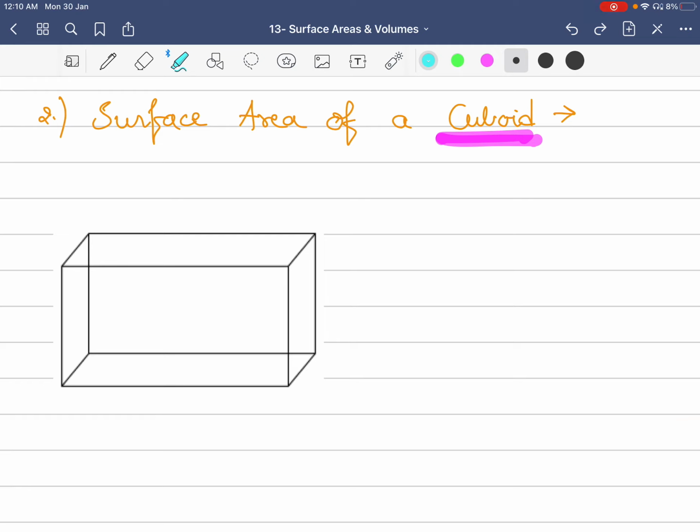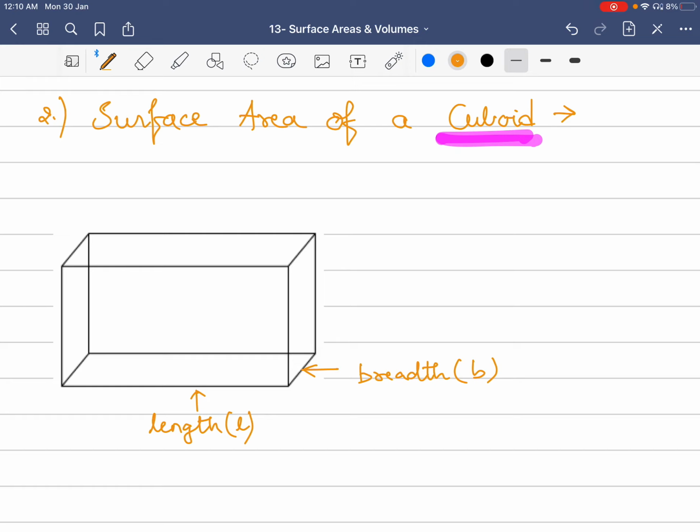Okay, so first of all, this is my length. I'm going to call this length L. And this, so I'll just use an arrow, this is our breadth.